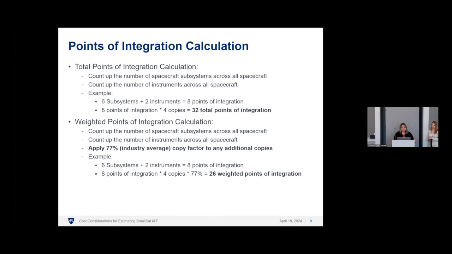For the weighted points of integration model, you do the same calculation, but then we apply that learning factor, that 23% cost savings, to the total points. So similar to above, you would have that 32 times the 77% copy factor, and you're left with 26 points of integration.